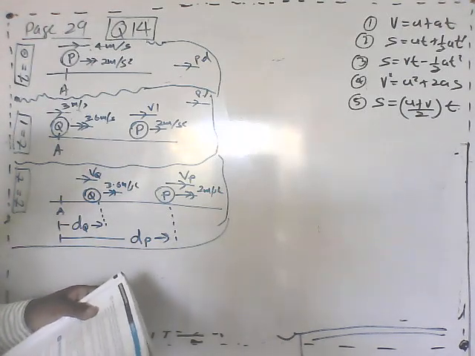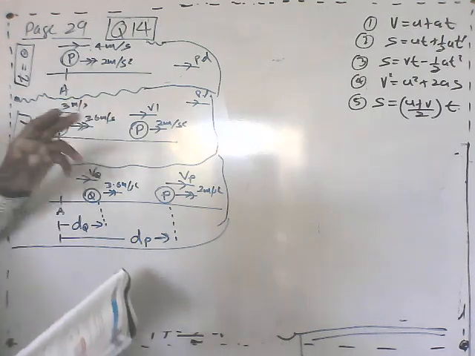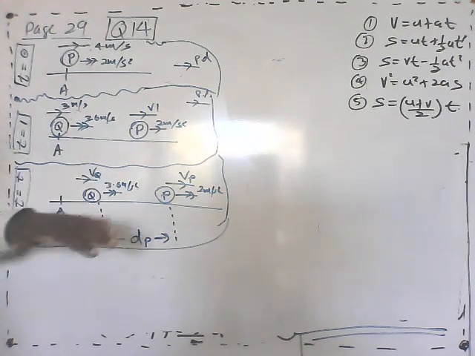Here it says two particles P and Q are moving in a straight line. So here the picture is: when t equals 0, what was the situation? When t equals 1, after 1 second, what was the situation? And after t seconds, what is the situation I have drawn.